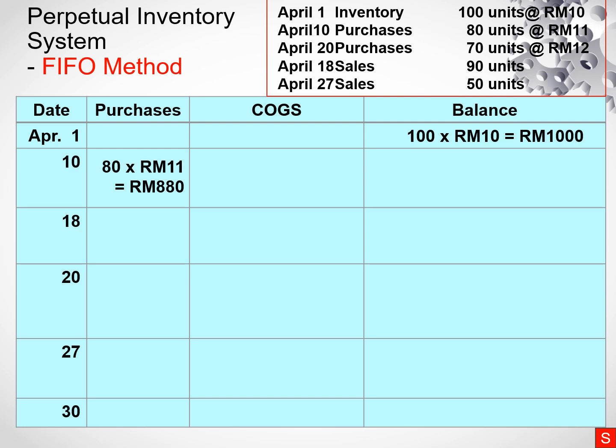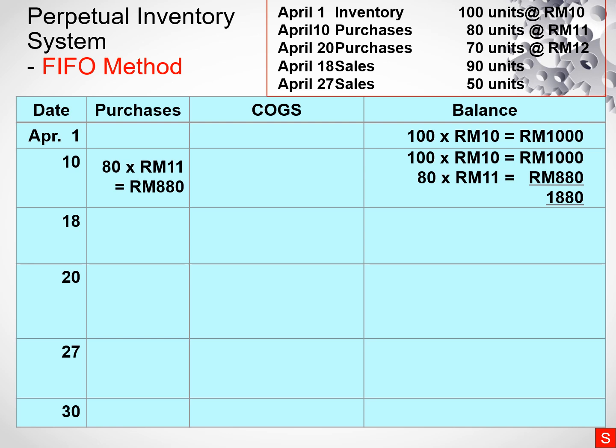So the new balance are 100 unit times 10 equals to 1,000 and the new purchase 80 unit times 11 equals to 880. So the new balance are 1,880.